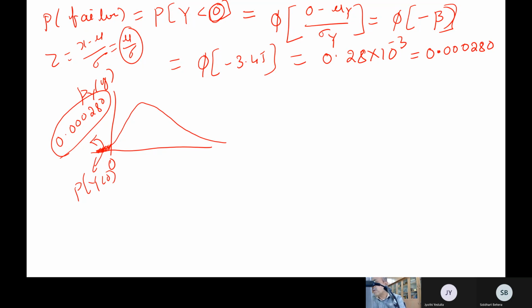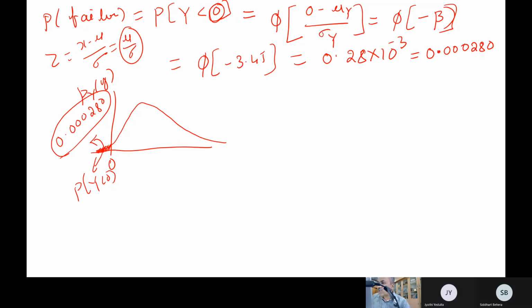Now, what is your comment? Is this probability high or low? What is your comment about the beam, whether it will fail or whether it will stay? The probability is very low.